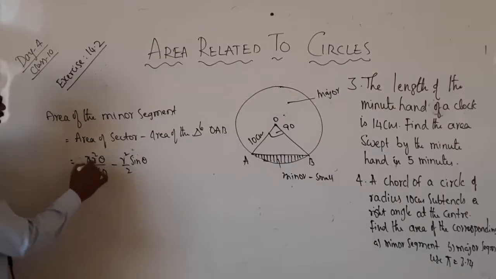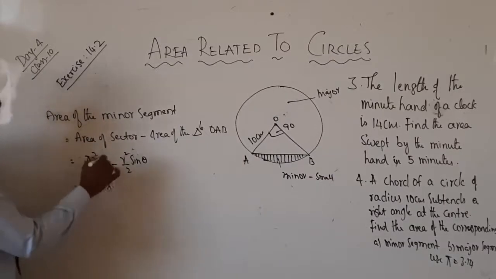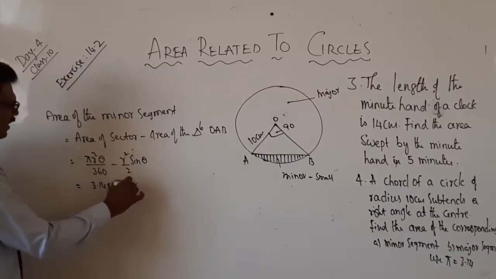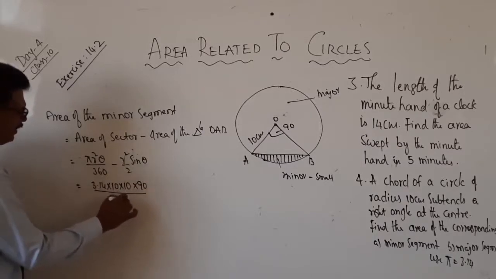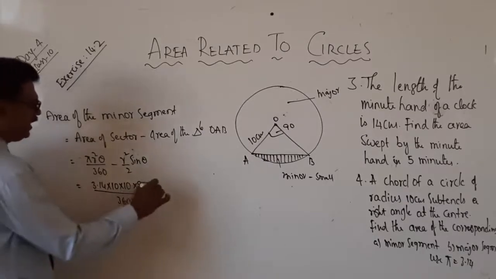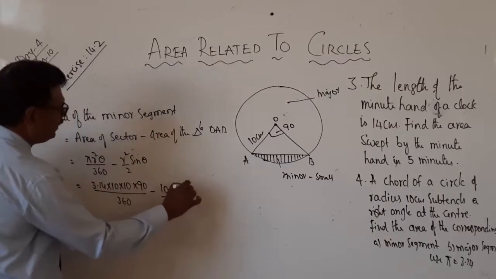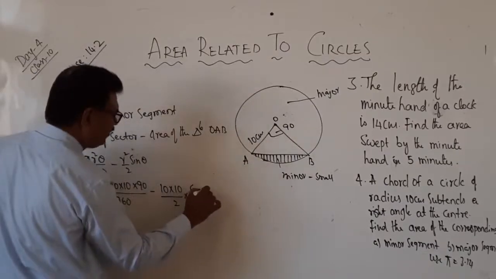Now, pi is 3.14 into r, which is 10 centimeters, into 10 centimeters, into theta which is 90 divided by 360, minus 10 into 10 divided by 2 into sine theta. Theta is 90.